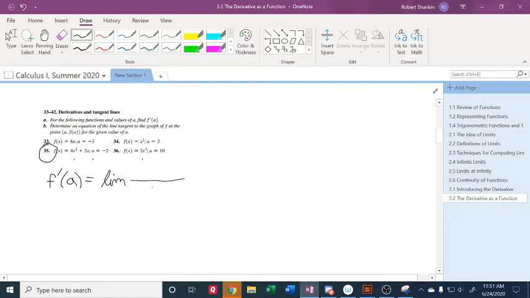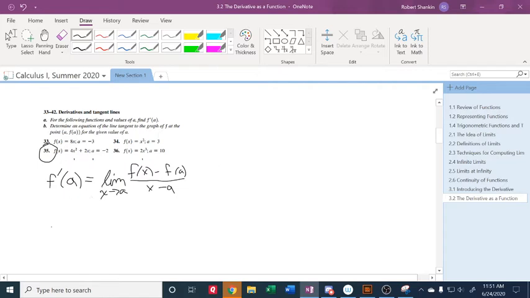I don't use that definition quite as often, because we wind up preferring the other one. The limit as x approaches a of f of x minus f of a over x minus a.